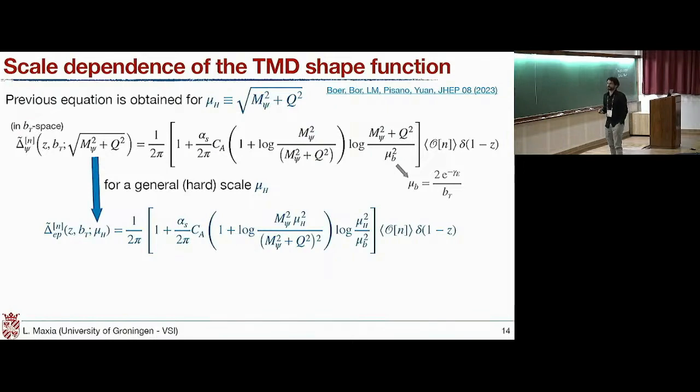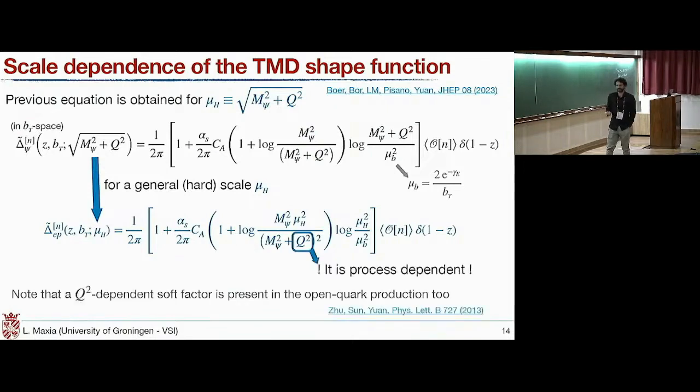So it seems like there is some process dependence, which is strange, but there is also some connection with other literature, because if you take the open quark, so instead of producing the J/psi, the bound state, you produce the open quark, in that case you also find a soft factor that depends on Q squared.